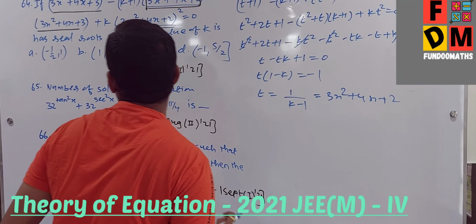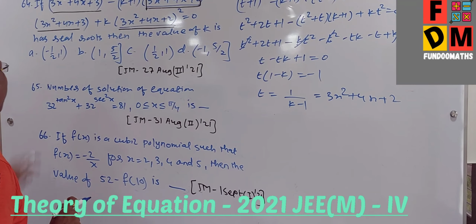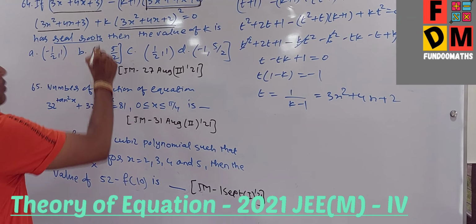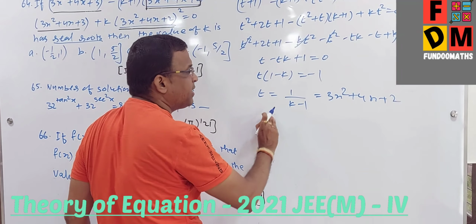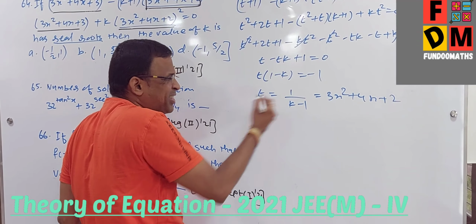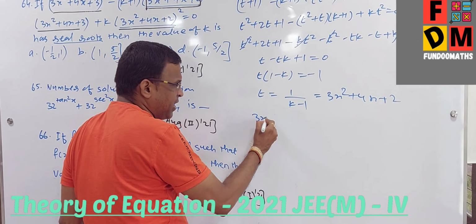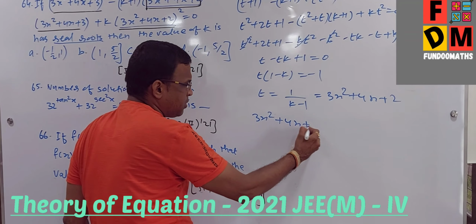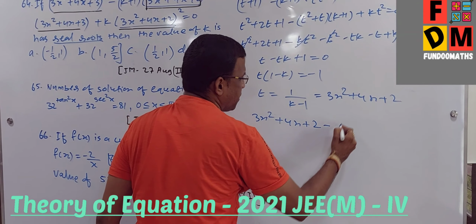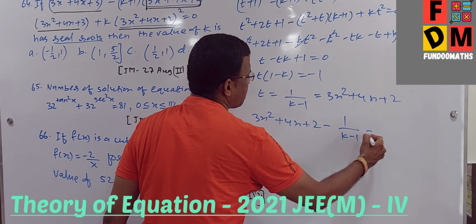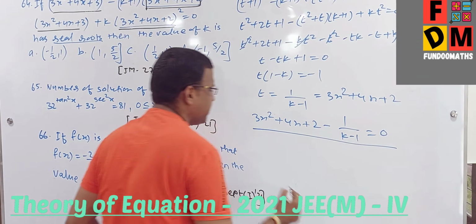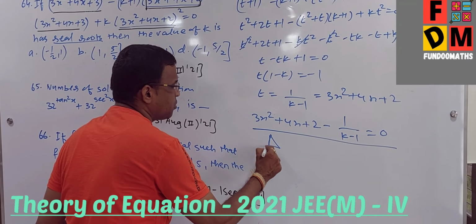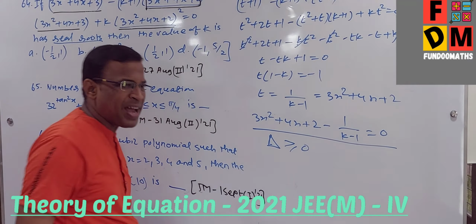So we can just solve that quadratic for real roots. So we got the condition that the discriminant should be positive. Before that I will just write it down. 3x square plus 4x plus 2 minus this shifted to the other side, 1 upon k minus 1 is equal to 0. That is my quadratic. Discriminant should be greater than or equal to 0 is my condition.